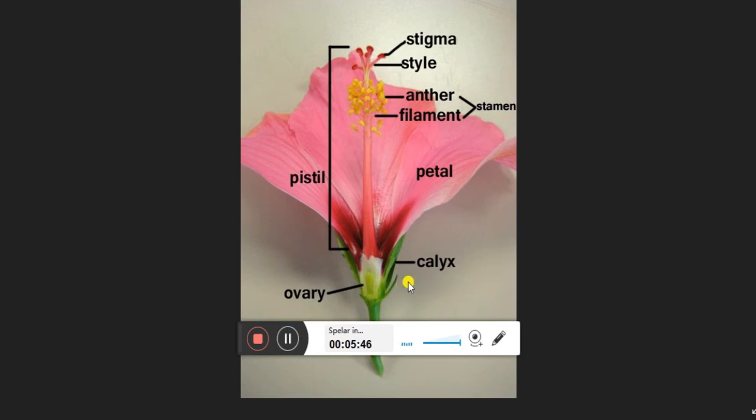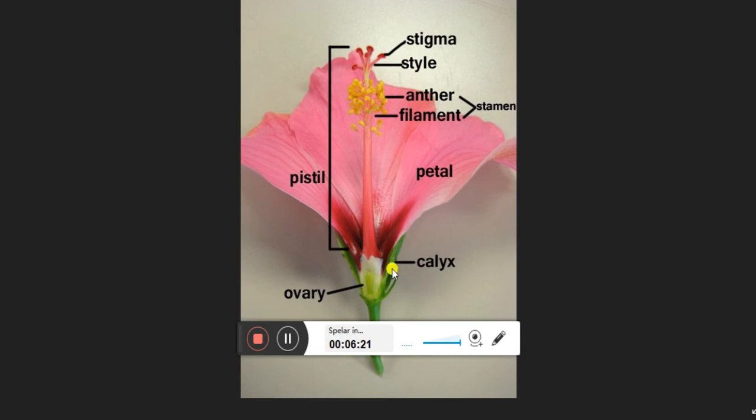Now children, when we talk about the flower, there are two kinds of whorls. One is the accessory whorl and another is the essential whorl. Accessory whorl is the outer one, the calyx and the corolla, the sepals and the petals, whereas the essential ones are the androecium and the gynoecium, that is the stamen and the pistil, because the male and female reproductive parts should be present in the flower.